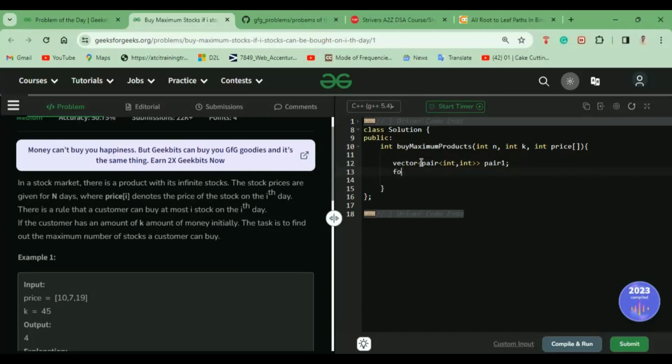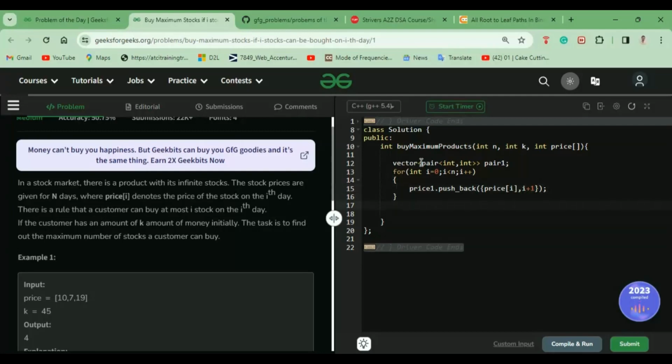Now we will iterate through this price array, and we will insert all the elements of that price array into the price1 vector which has the pair. The second component of our pair indicates the value of that stock on a particular day. I'll be storing it with i plus one because that will be more useful for us.